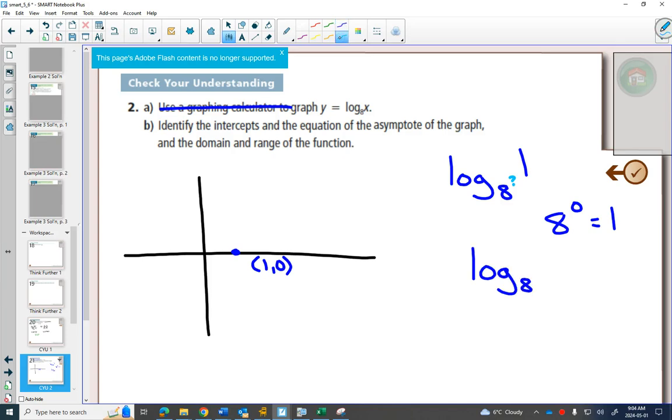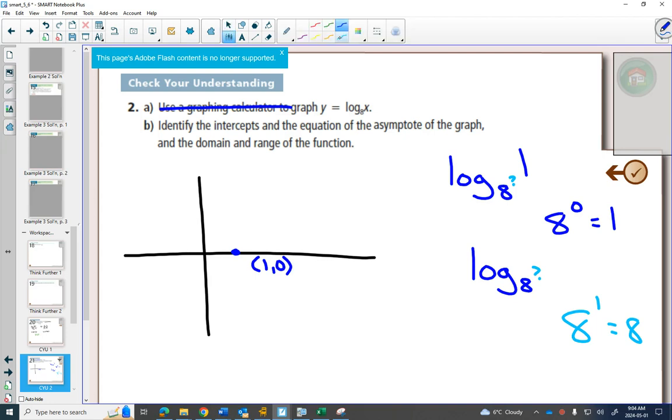Then the second one is easy because you ask yourself, what number would I have to put in here that I could easily do an 8 to an exponent? Right, that's an easy exponent to do. Anything to the 1 is what it was to begin with.